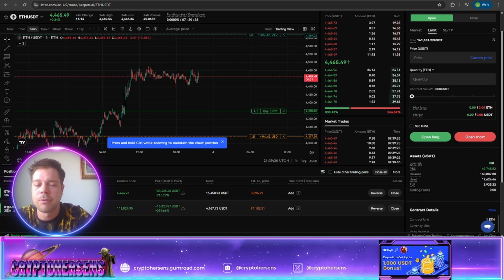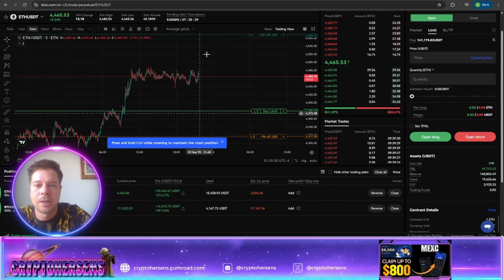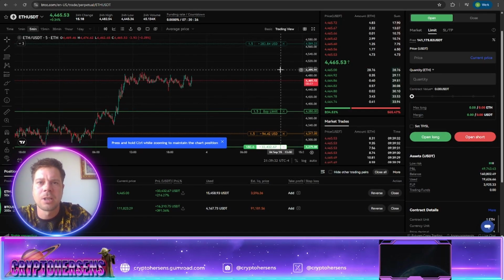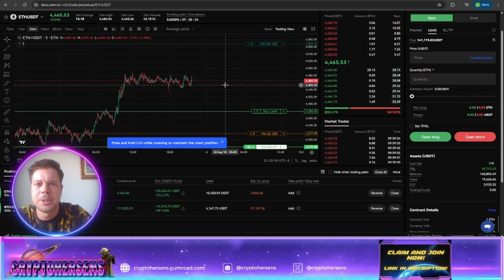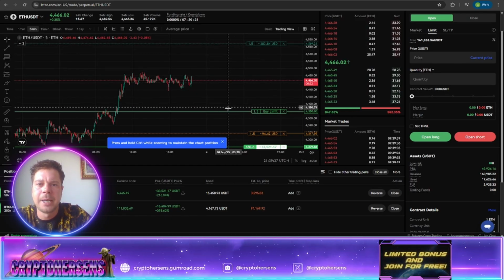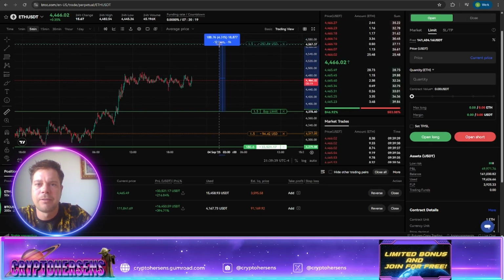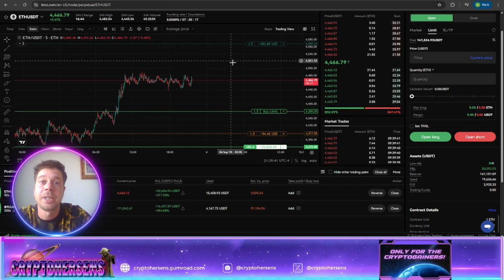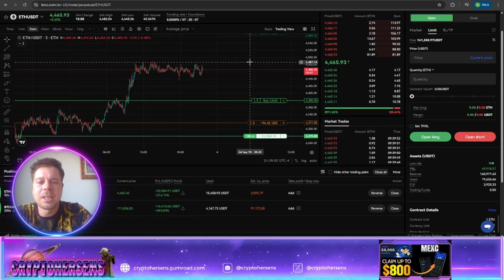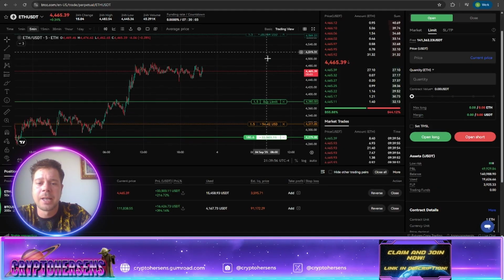For now, just keep it low, only put in what you can afford to lose, and let's make some gains the coming days, right? Wait for retracement to catch the ride up and to eventually make 5% gain, excluding leverage, right? So that's basically how you trade on BTCC and how you make the gains, right?